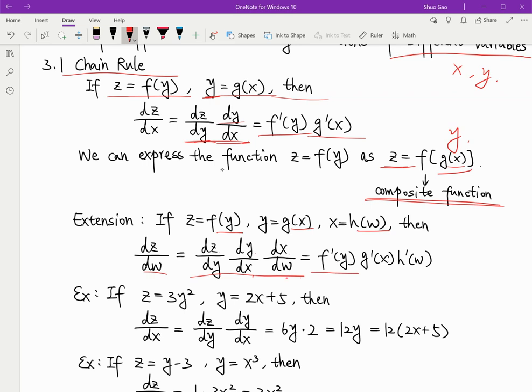So this is just f prime times g prime times h prime. We take the derivatives one by one and then multiply them together.